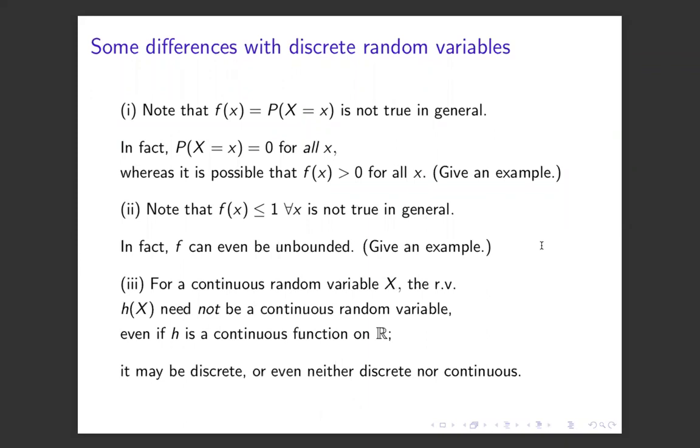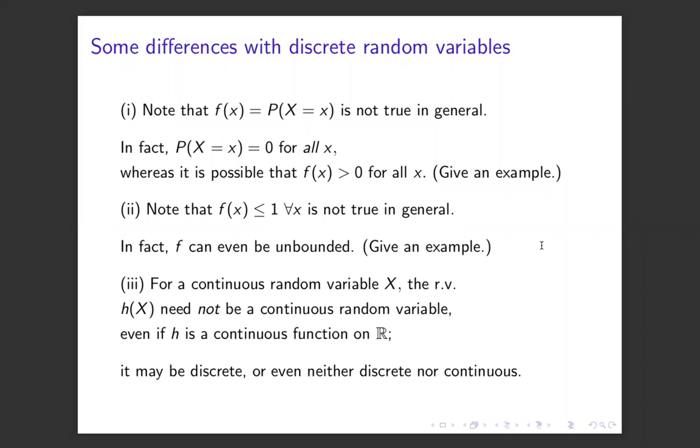And in the case of a discrete random variable, if you have a discrete random variable x and a function h of x, it will always be discrete, because the range on which h takes values will have cardinality less than or equal to that of the range of x.